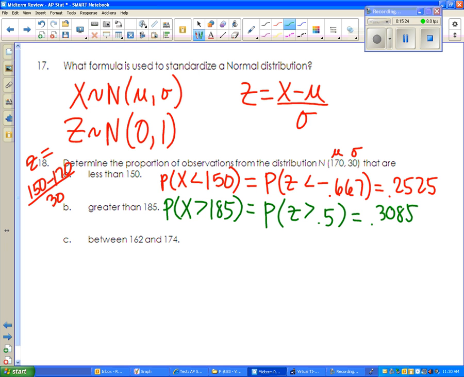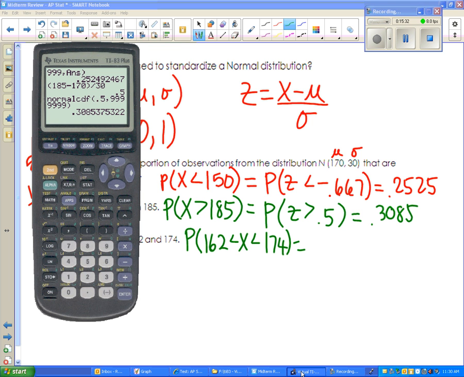Lastly, we're looking at the proportion of observations that fall between 162 and 174. So 162 minus 170, divided by 30. I have a lower value of negative 0.2222.